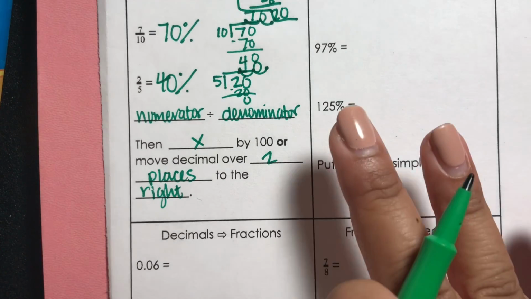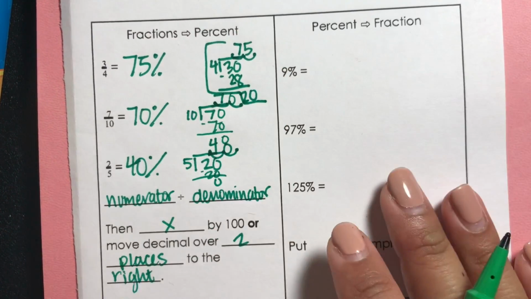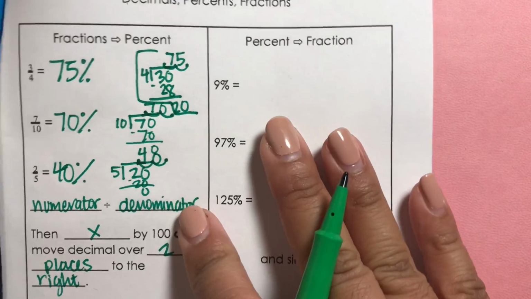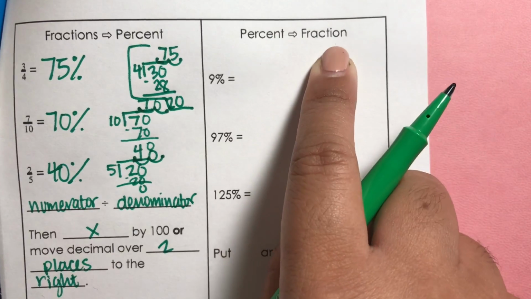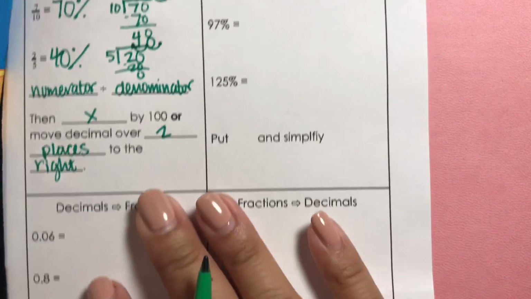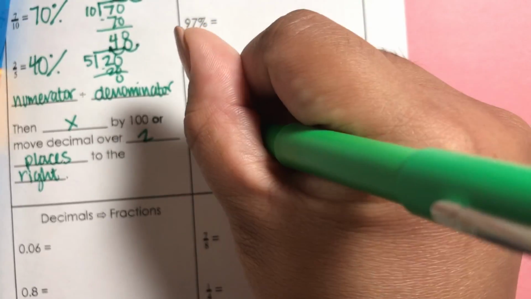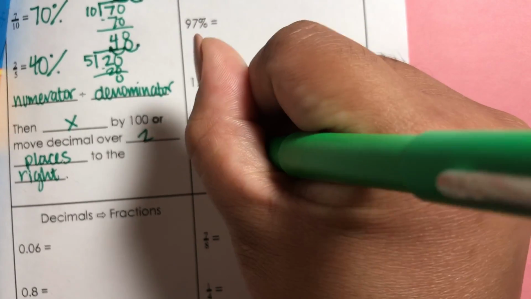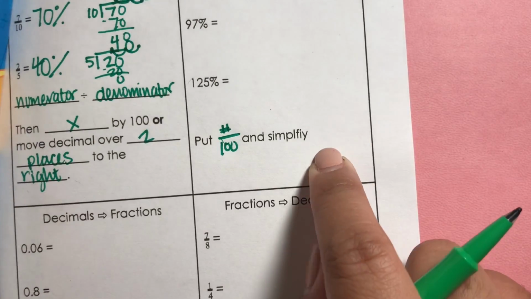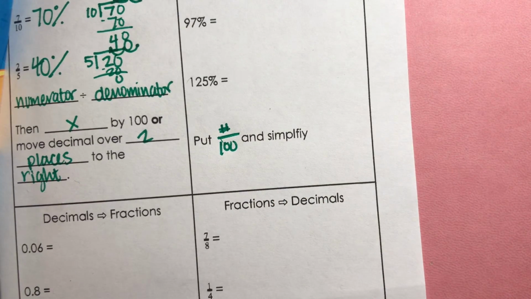Okay, so we now figured out how we can turn fractions into percent. Now we're going to figure out how to turn a percent into a fraction. So this one is probably the easiest one to do because all you need to do is put the number over 100 and simplify. Now the reason why it's over 100, this is something I want you all to remember, because when I asked you what percent is out of, some of you were like, I don't remember.